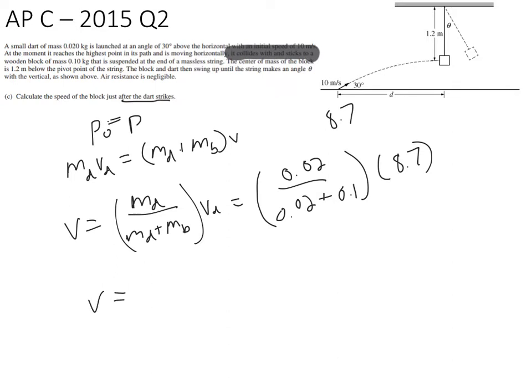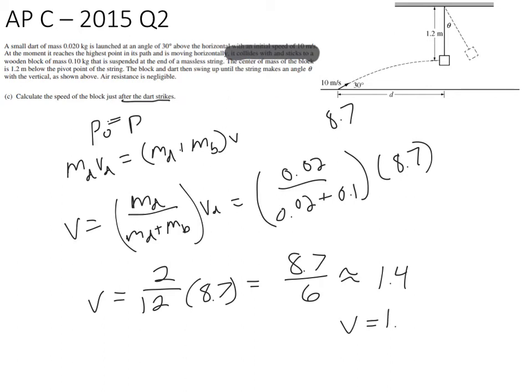Plug all those numbers in, let's see, move some things around. It's basically 8.7 divided by 6, which is 1.4-ish. So V equals 1.4 meters per second.